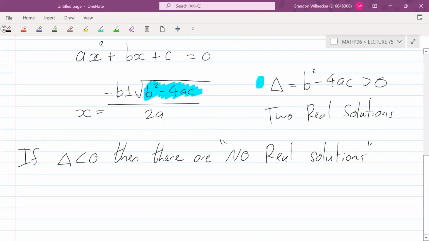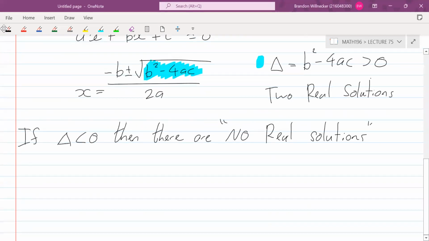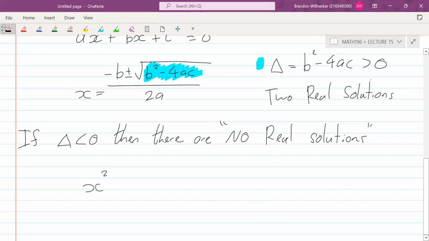To understand that, we look at another simple quadratic equation. Let's say we have x squared plus 1 is equal to 0. Now we know it's a quadratic, so if we use the quadratic formula, we should be getting two solutions. A degree 2 polynomial gives us two solutions.